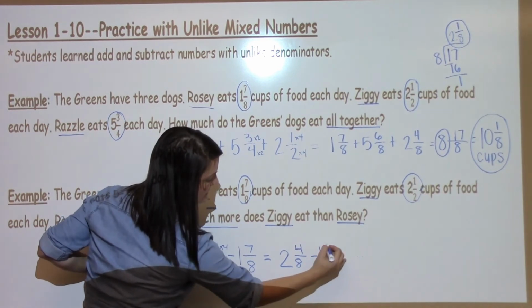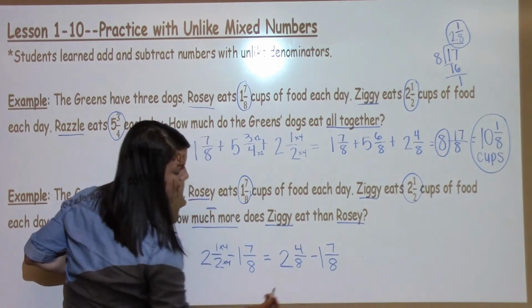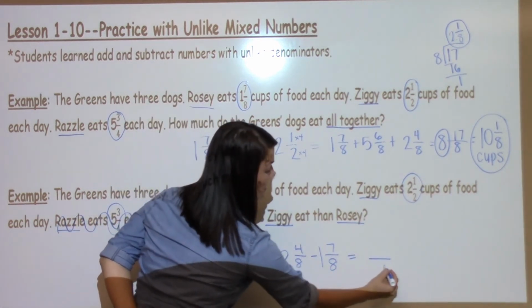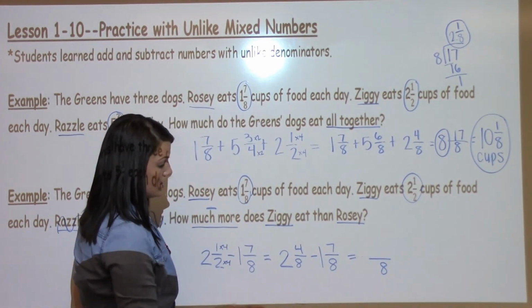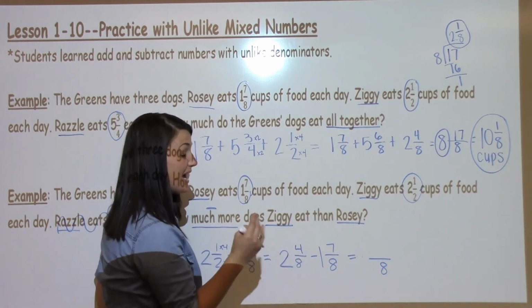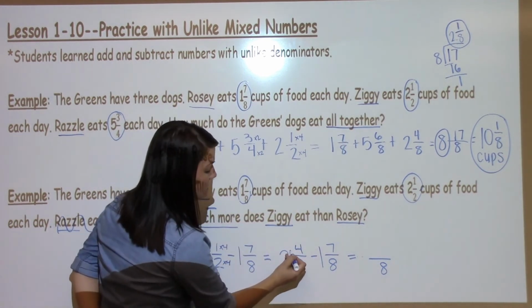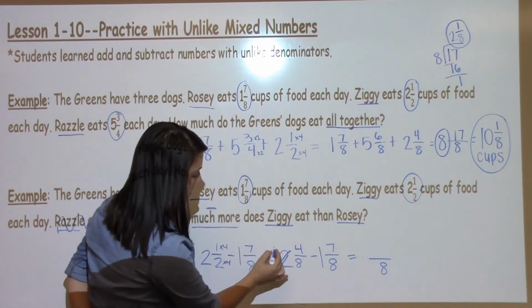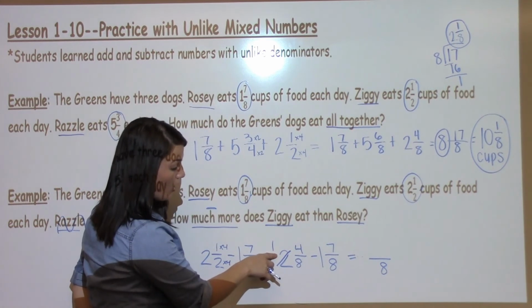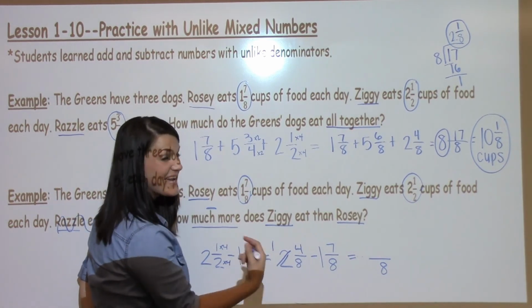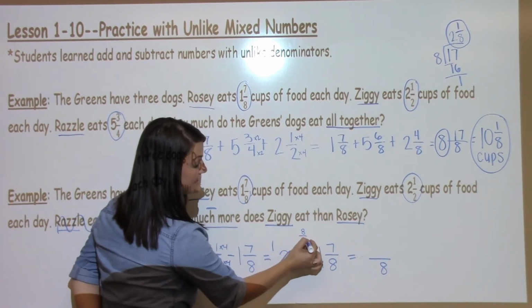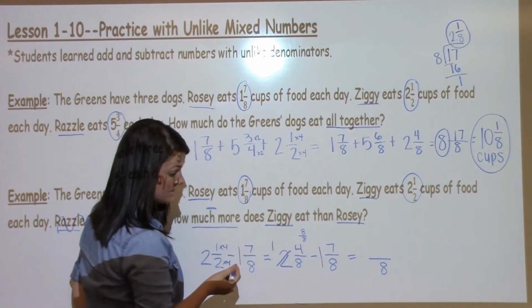And then I can subtract my 1 and 7/8. My denominators are the same. I worked hard to do that, so they get to stay the same. Then I'm going to subtract my tops. 4 minus 7, I can't do that, so I have to borrow from the 2, change it to a 1. When I borrow 1 whole from the 2, I have to add 1 whole to the 4/8. 1 whole in this case is the same as 8/8.